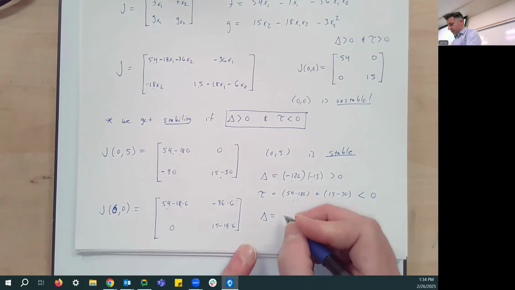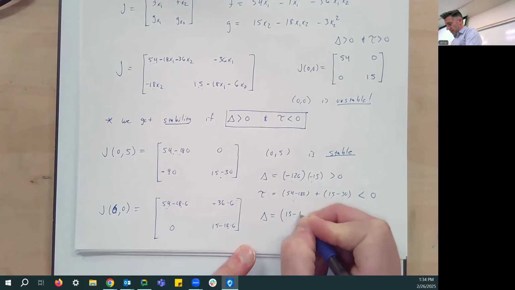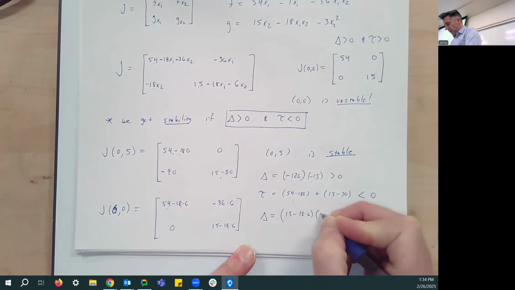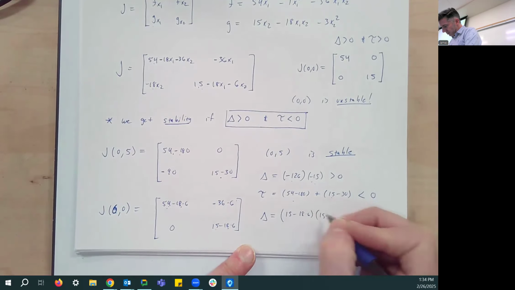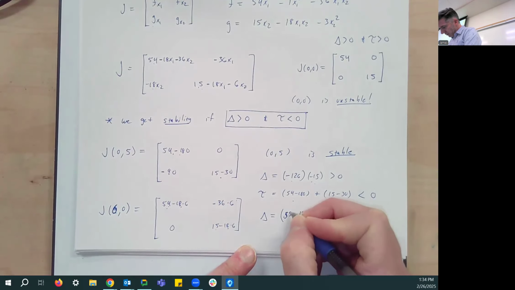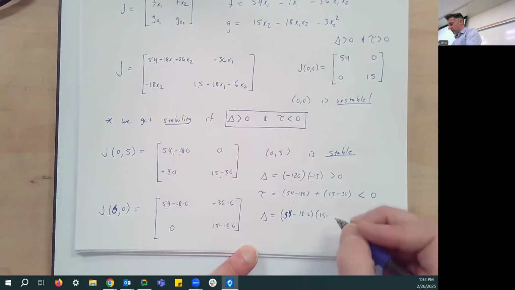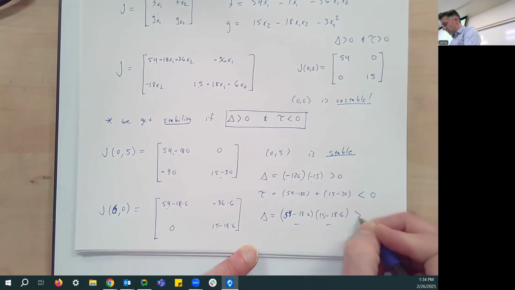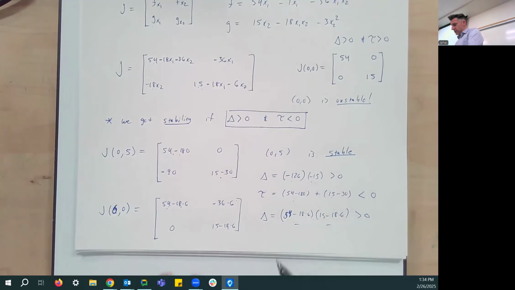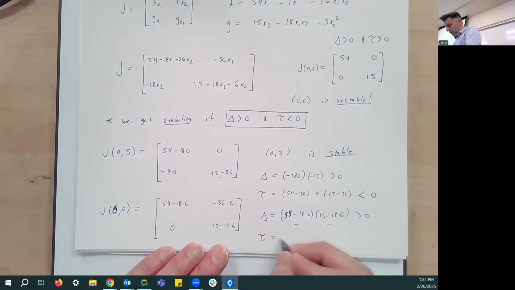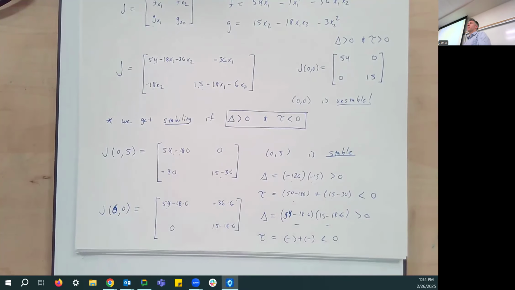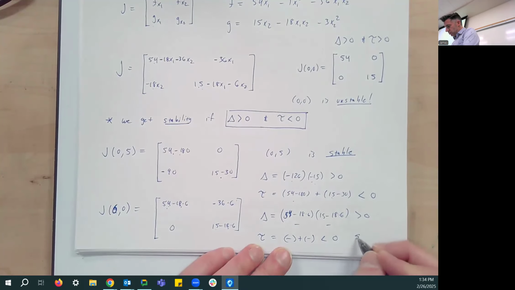So negative times negative is positive. And then our trace is certainly a negative plus a negative, which is negative. So determinant is positive, trace is negative. That means stable.